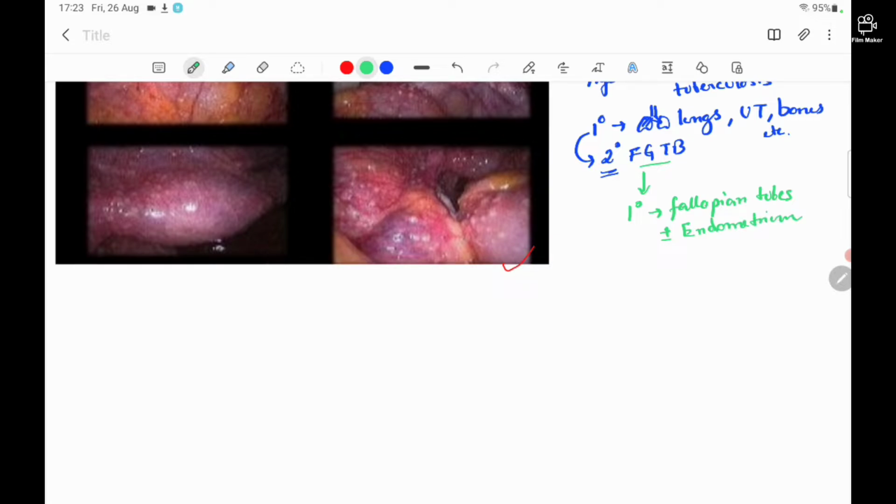So when a patient comes to you with genital tuberculosis, the primary site where you will find these kind of findings will be the fallopian tube and the endometrium, primary affected site, and this will be in 50 to 60% of the cases.